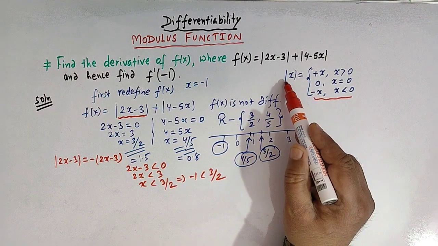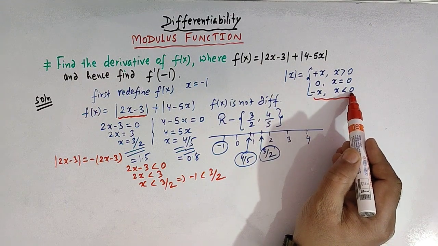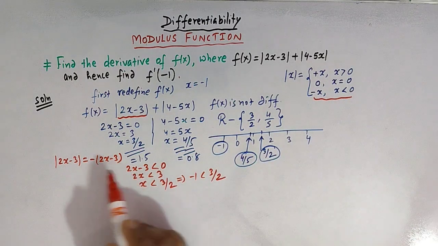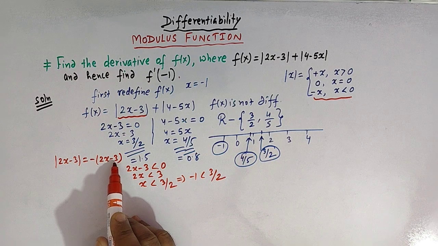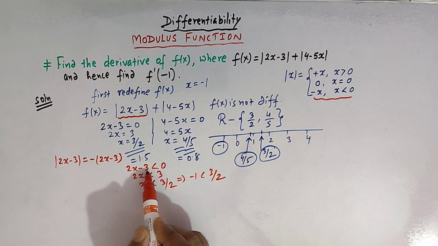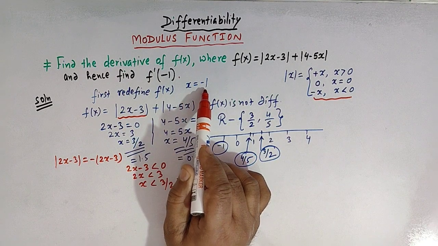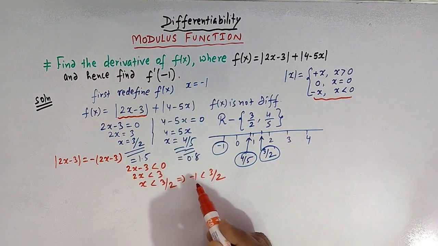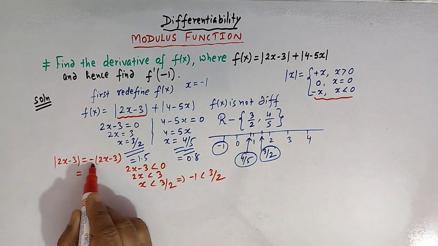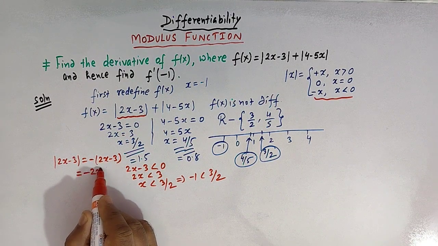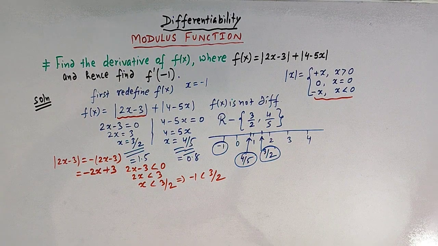That's why we have used |x| = -x whenever x < 0. In this case, |2x - 3| = -(2x - 3) because 2x - 3 < 0 at x = -1. So this expression can be written as -2x + 3.